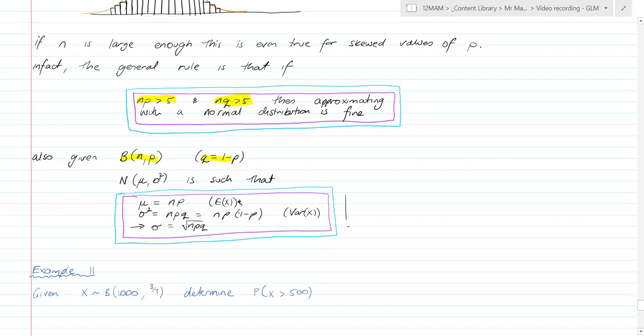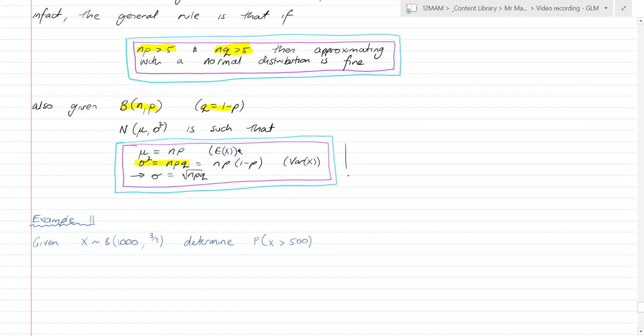You've seen that before. But sigma squared, the variance, can be calculated by doing n times p times q. So this is going to be the thing that you need moving forward. And of course, then sigma can be calculated by doing the square root of that. So you'll need to know sigma for your actual normal approximation.